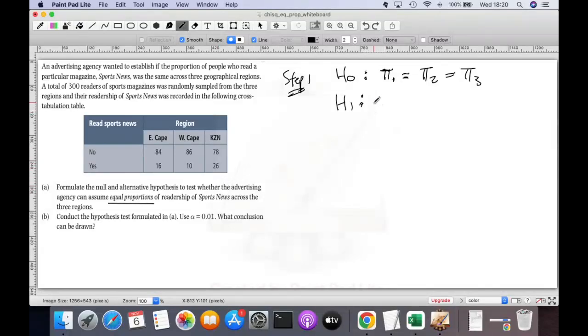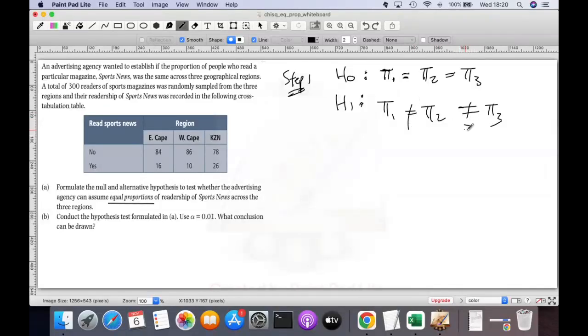And then for H1, it isn't pi 1 not equal to pi 2 not equal to pi 3, if that's what you're thinking. That isn't what we do for hypothesis testing for the chi-square distribution. All we care about is that one of them differs. So we could have pi 1 equal to pi 2, but then pi 2 is not equal to pi 3, or it could be the other way.